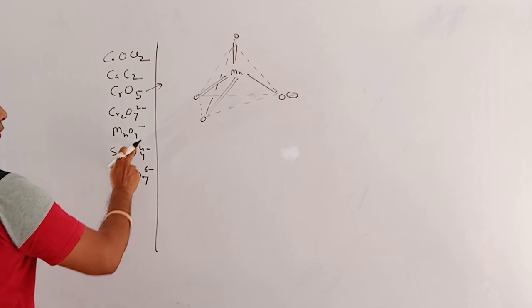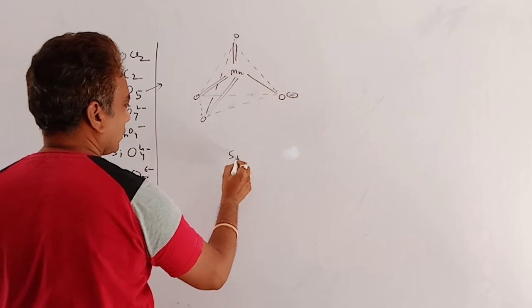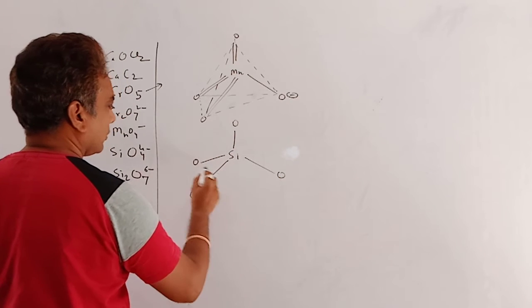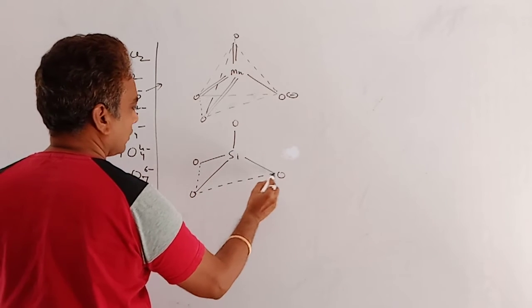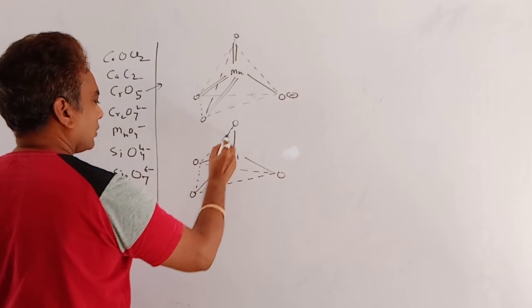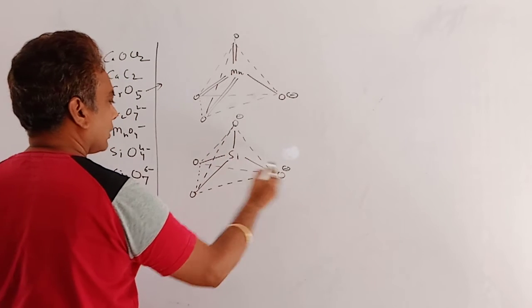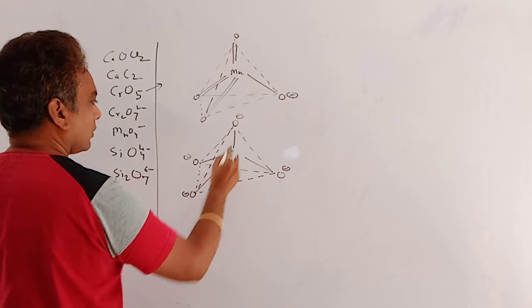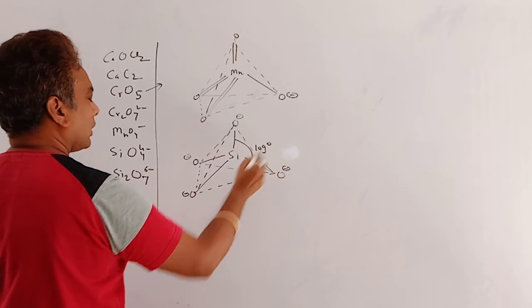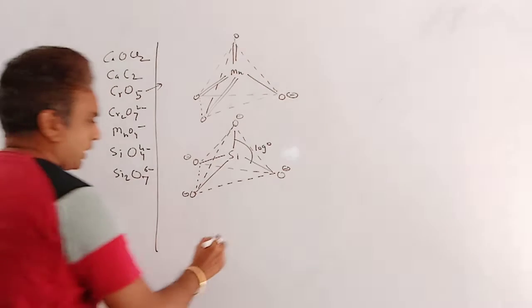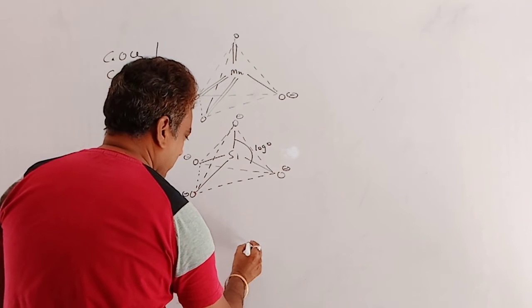Monosilicate SiO4 4-, which is also tetrahedral. Here is negative. Bond angle is 109 approx. Si2O7 6-, which is disilicate like this.